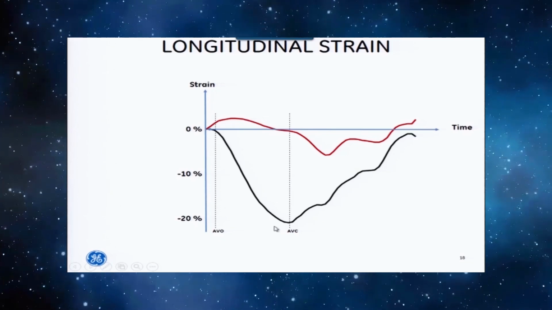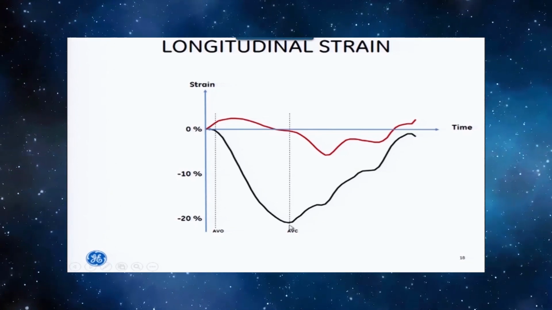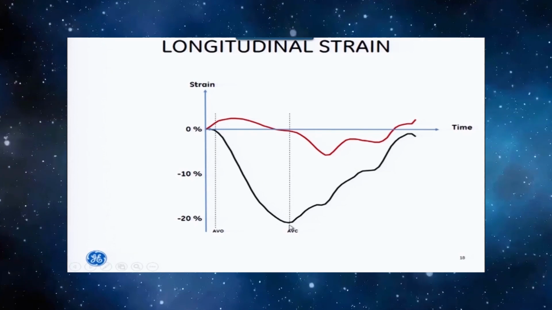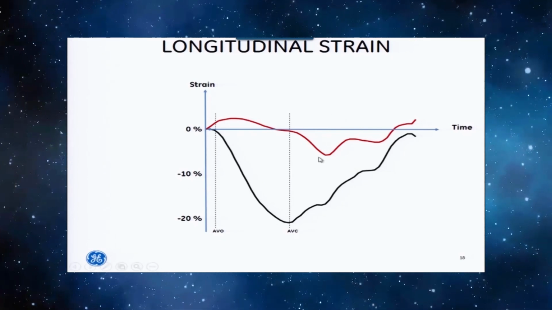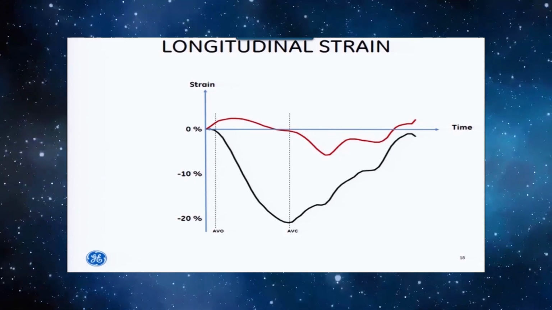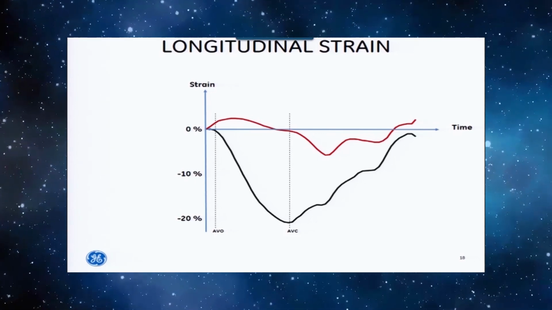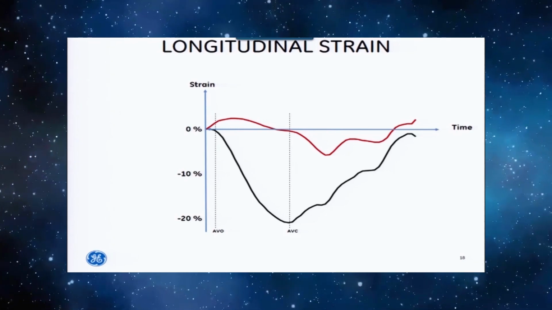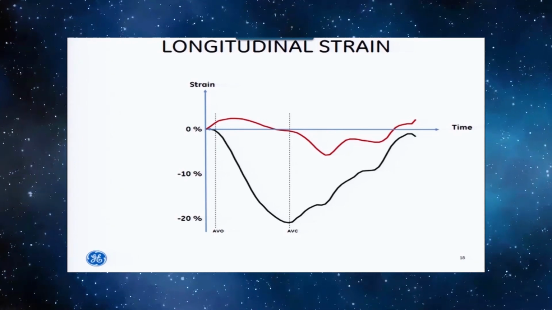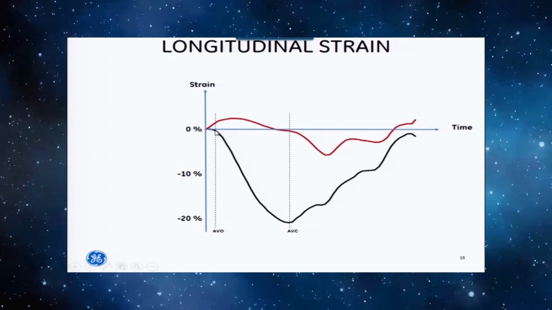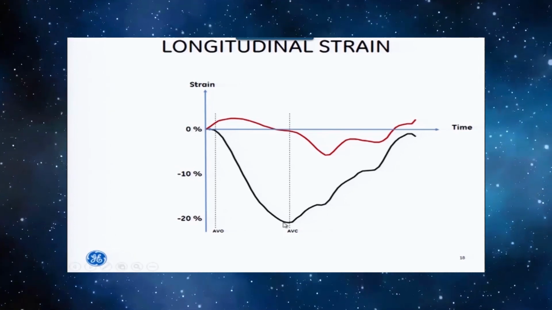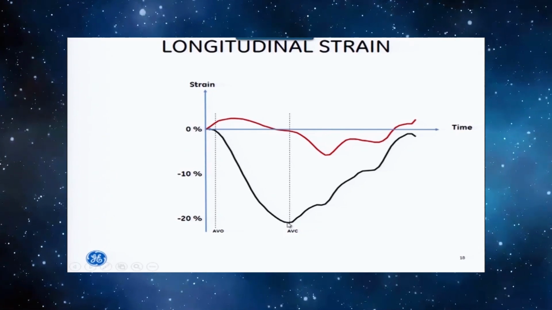So the first thing that we want to look at when we're trying to decide, is this curve normal, is we want to think about longitudinal strain and think about how the heart contracts, i.e. the heart gets shorter during systole. So we're expecting longitudinal strain to be negative. And when we look at this curve, during systole, it's going in a negative direction. That's one check mark for normal.